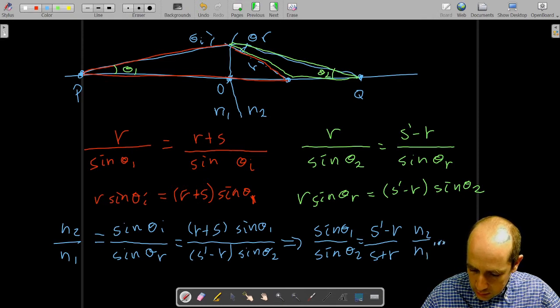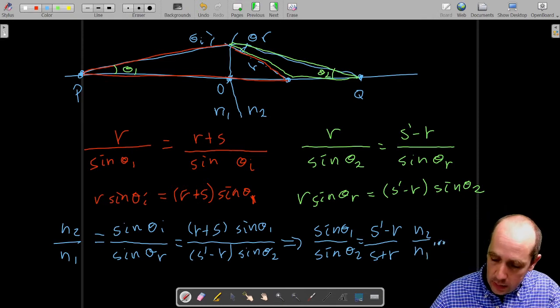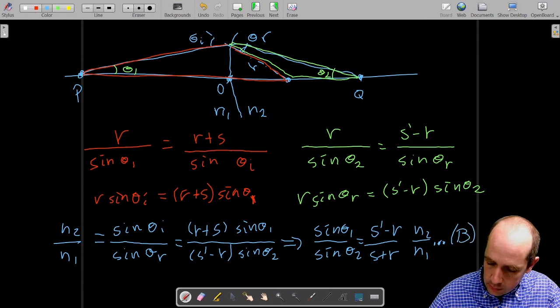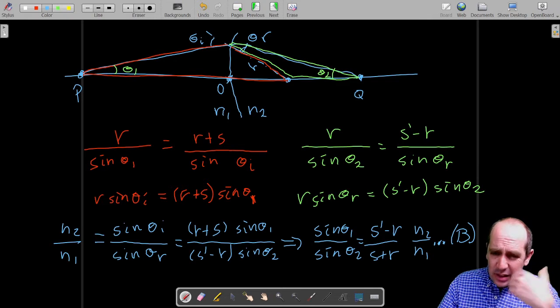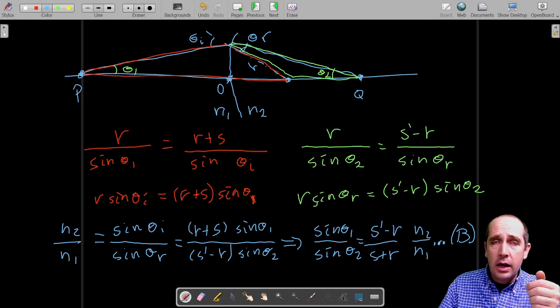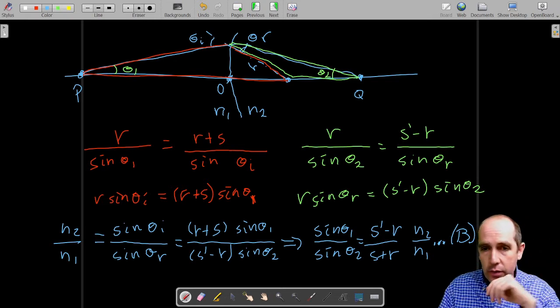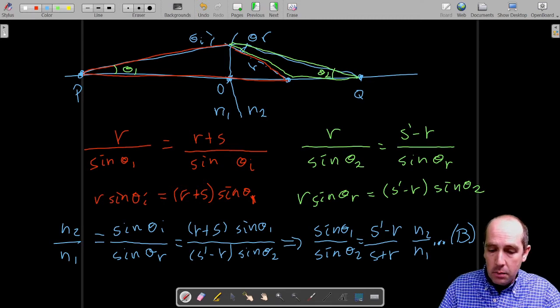And this equation is what we will call equation B. So equation B is the one that refers to the lens, while equation A is the one that refers to the curved mirror.